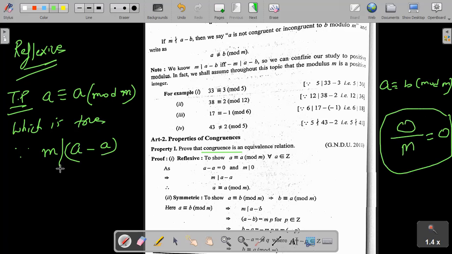So you see, m divides A minus A. तो यही तो definition थी congruence की: if m divides A minus B, then we say A is congruent to B mod M. So therefore A is congruent to A mod M. Beta, is it clear?